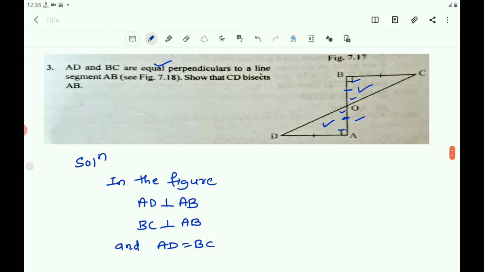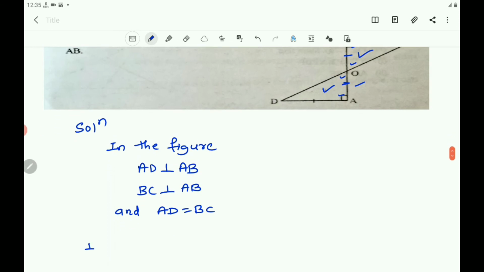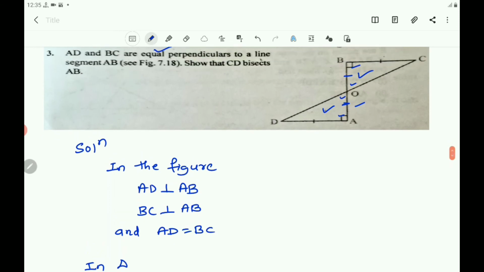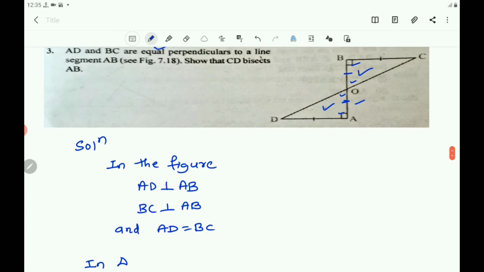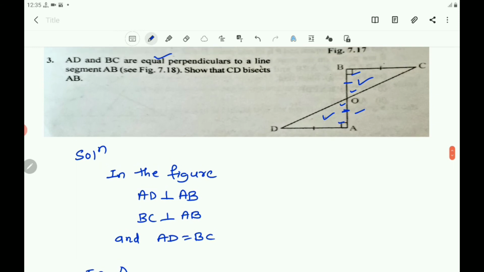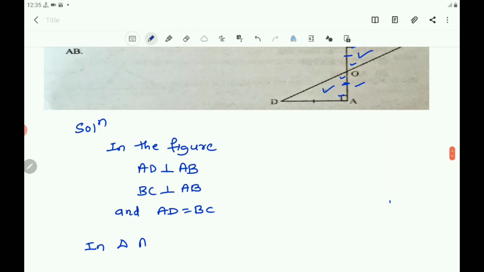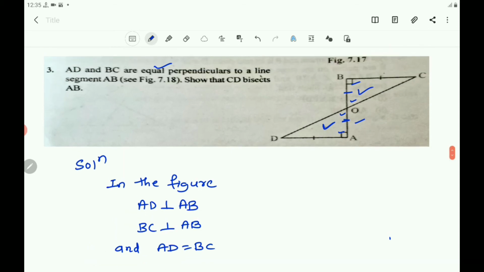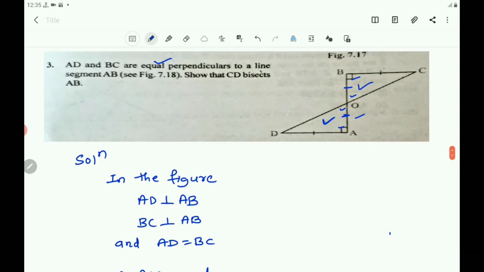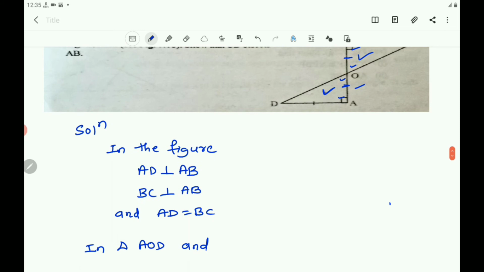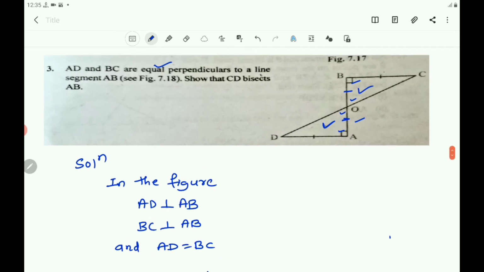Now you write the names of the triangles. In triangle AOD and triangle BOC, write the equal parts. What are equal here?